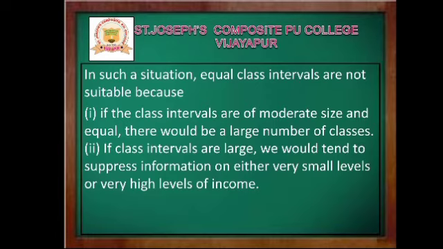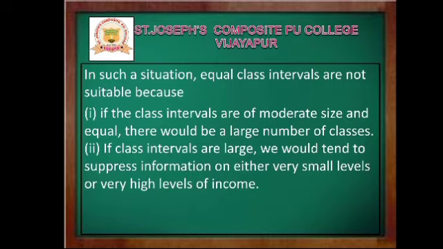In such a situation, equal class intervals are not suitable. When the data is bulky, equal class intervals are not suitable because if the class intervals are of moderate size and equal, there would be a large number of classes. And if the class intervals are large, then we would tend to suppress information on either very small levels or very high levels of income.